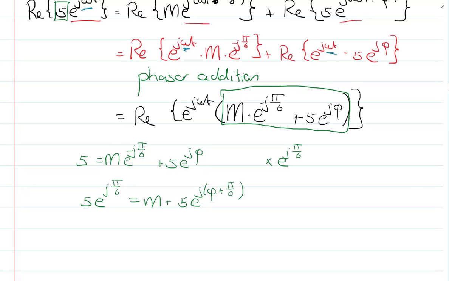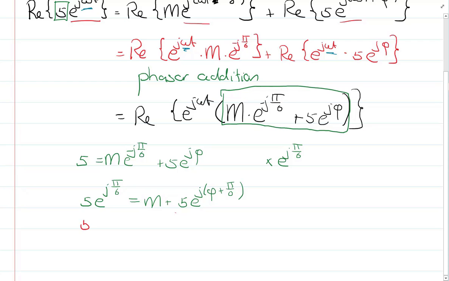To solve this equation, we have to do two things. First, we have to convert these complex exponentials back to a real part and an imaginary part, and then we have to solve the equations corresponding to these real and imaginary parts. So first, let's write the e to the power j pi over 6 as a real part and an imaginary part.